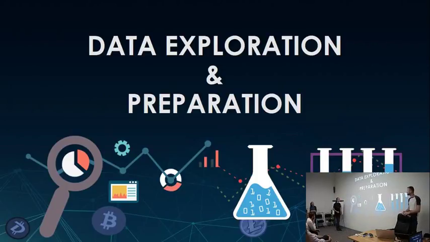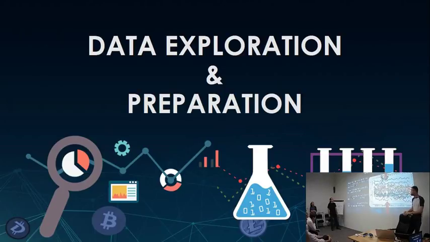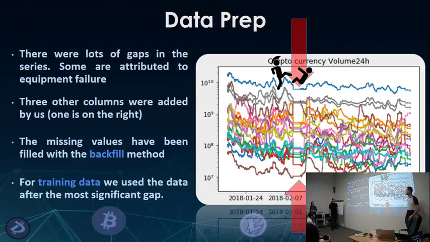I'm mainly going to talk about data preparation. Initially, we noticed that the data has a very large gap in it, and we decided to use everything after that gap because it was more consistent. What you see is the trends of the volumes of the 20 cryptocurrencies which we were supposed to forecast.